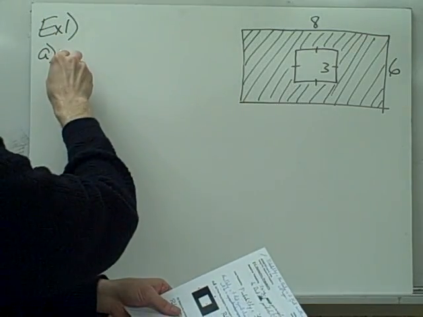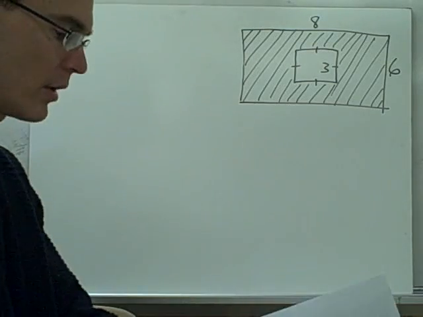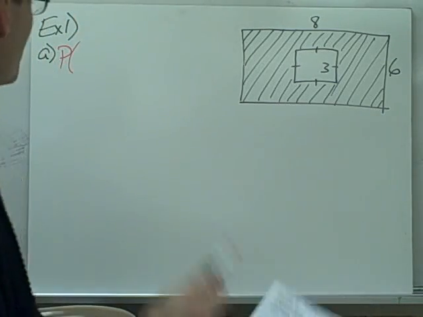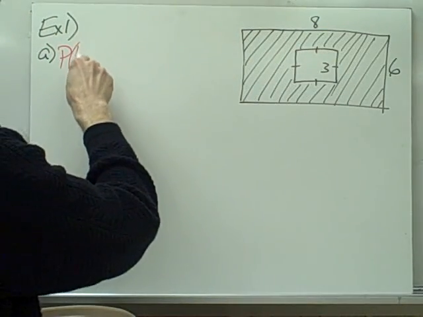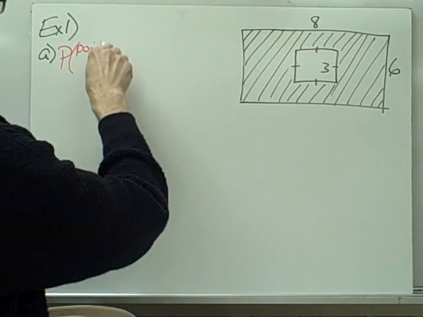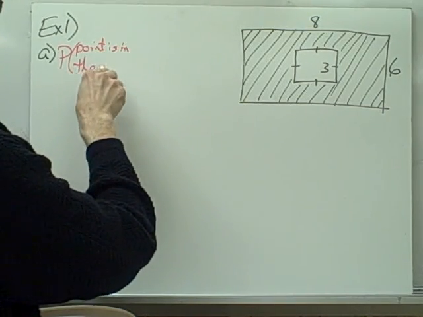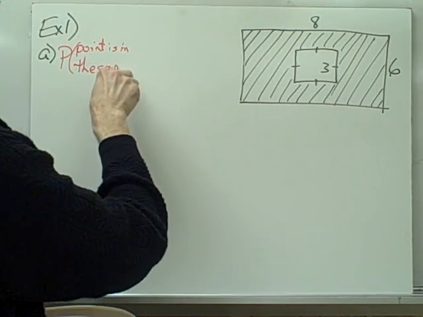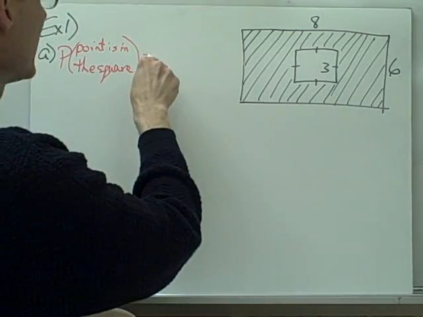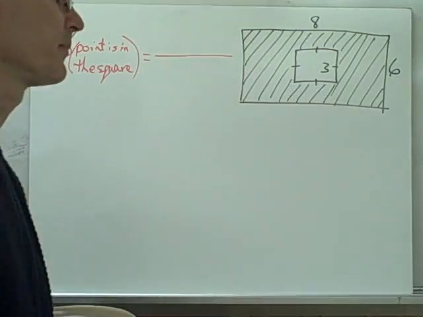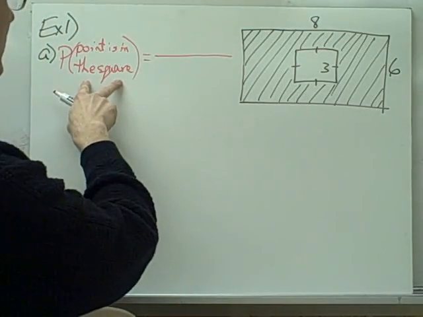I'm going to first write down the probability that I'm looking for: the probability that my point is in the square. According to my formula, I can calculate that probability by finding the particular area I'm looking for.